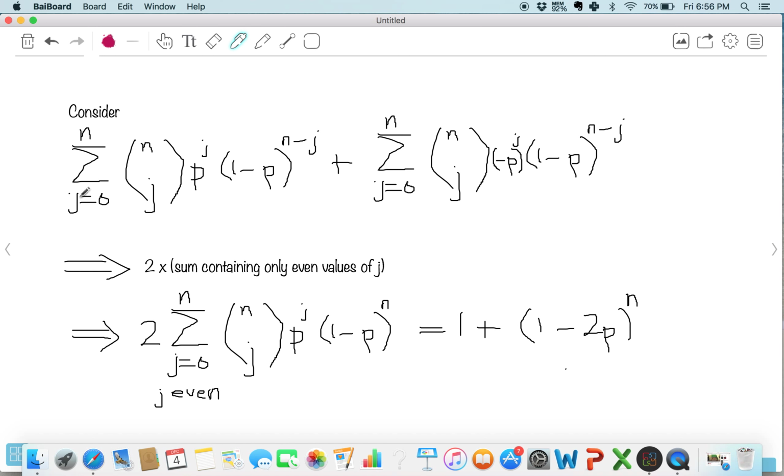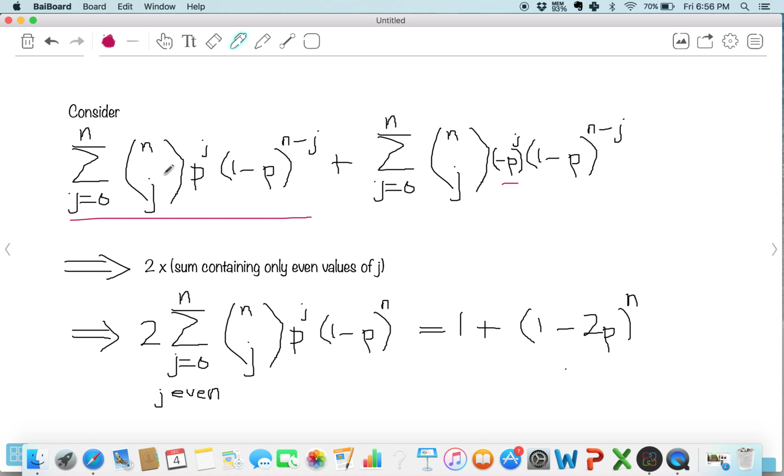Now let's consider this sum. This sum we already know is equal to 1, and this sum is the same sum, but now p is replaced by minus p here. Now if you think, then this sum has the same terms for even j as this sum, and the sum of these terms for odd j is the additive inverse of the sum of those terms for odd j.